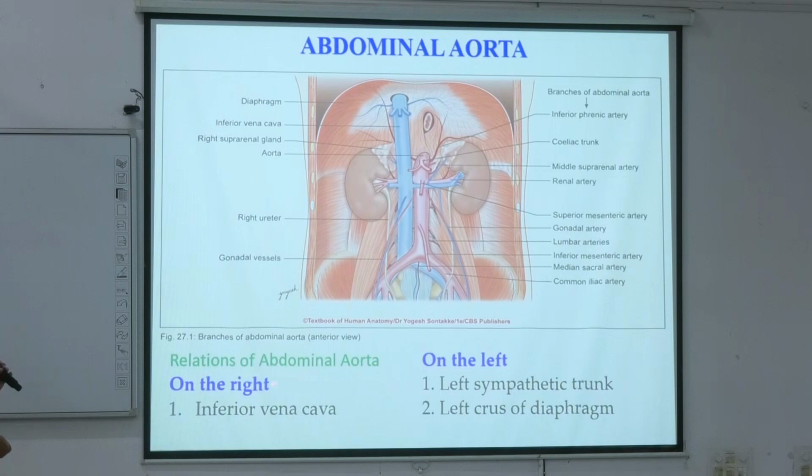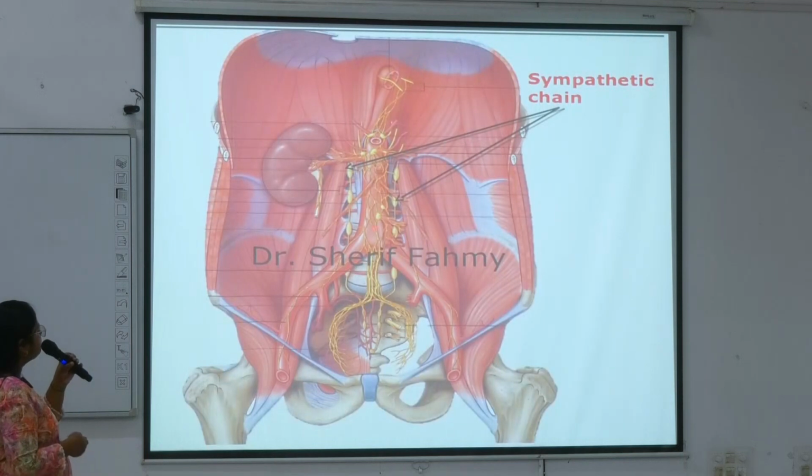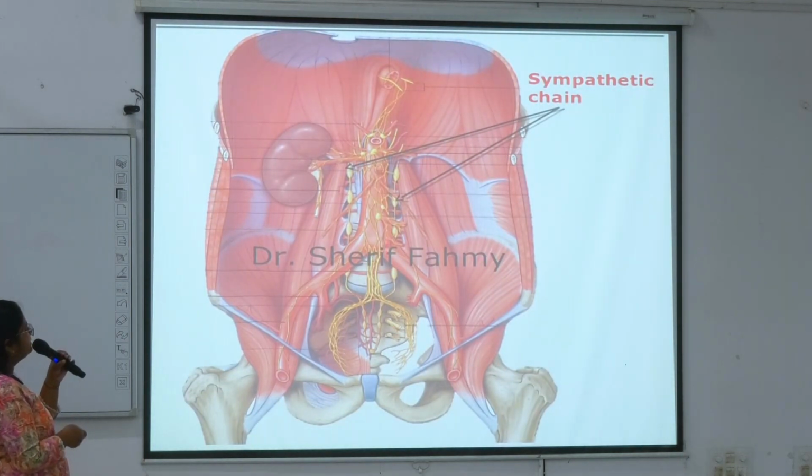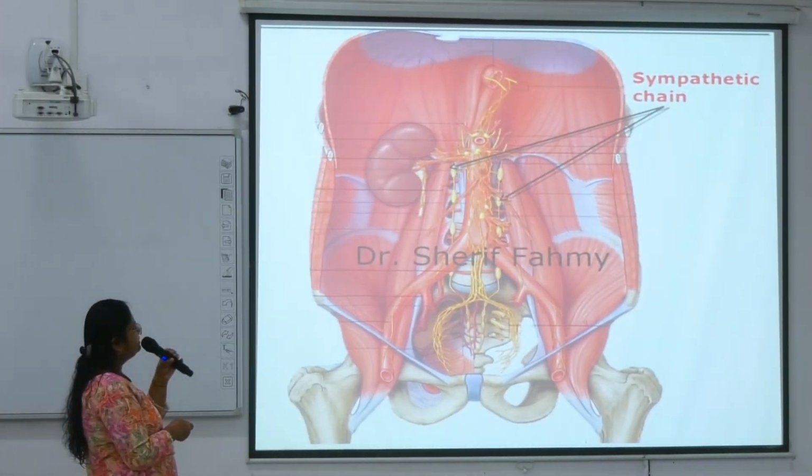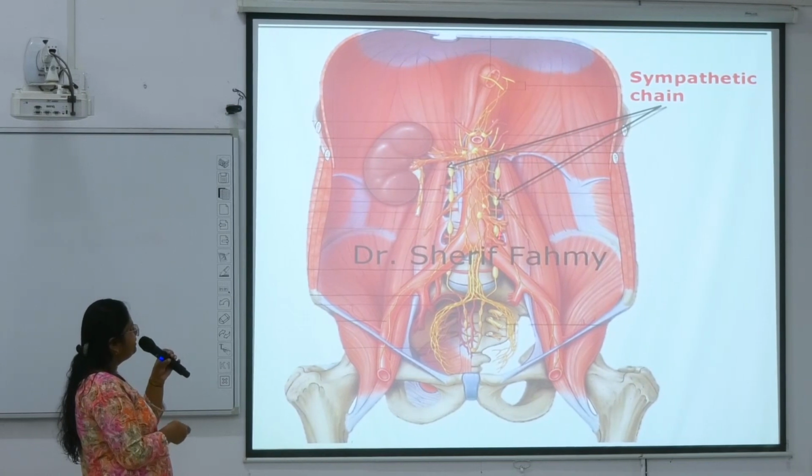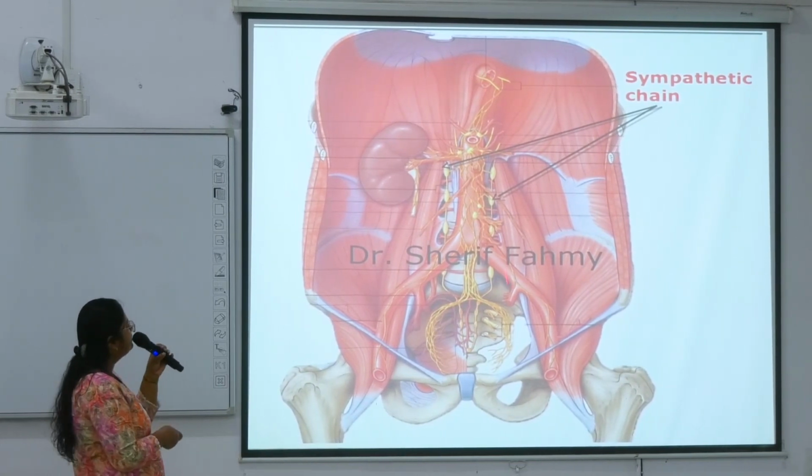Next, on the sides: on the right side lies the inferior vena cava. See here, the abdominal aorta, on the right side you can see the inferior vena cava, and on the left side will be the left sympathetic trunk and the left crus of the diaphragm. In the previous picture you have seen the crus of the diaphragm. Next, this is the sympathetic chain. The left sympathetic chain is forming the left relation of the aorta.